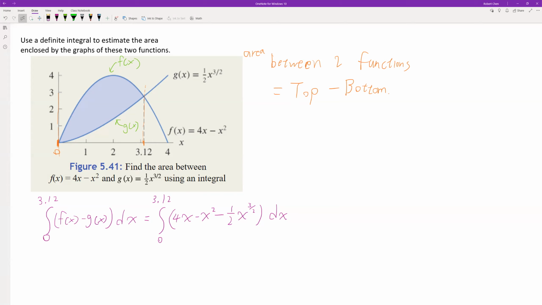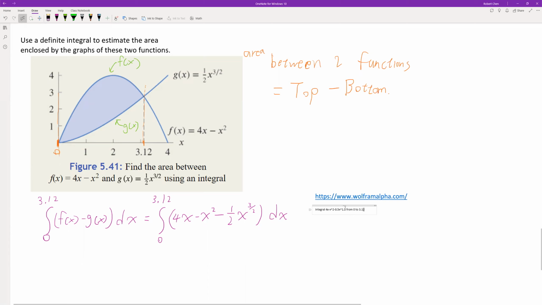If you want to try this out, you can go to wolframalpha.com and type in the following: integral of 4x minus x squared minus 0.5x to the power of 1.5 from 0 to 3.12.